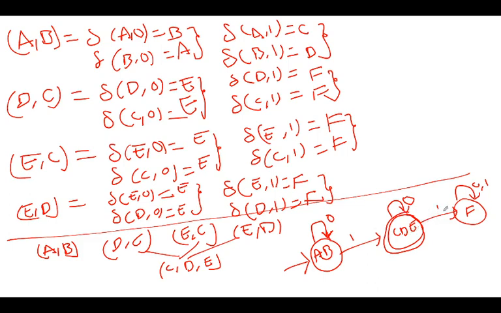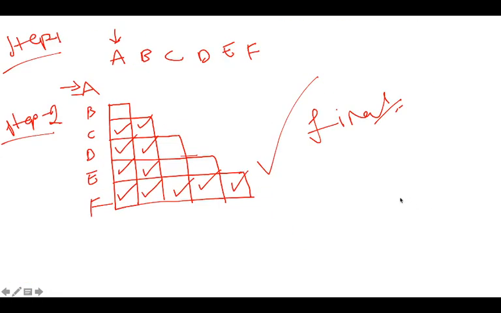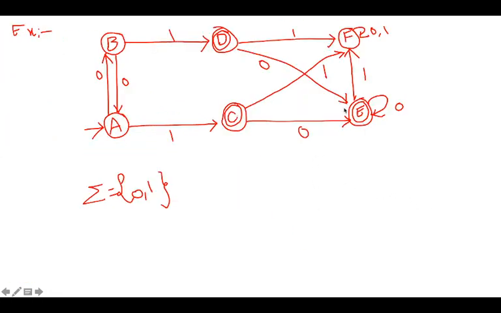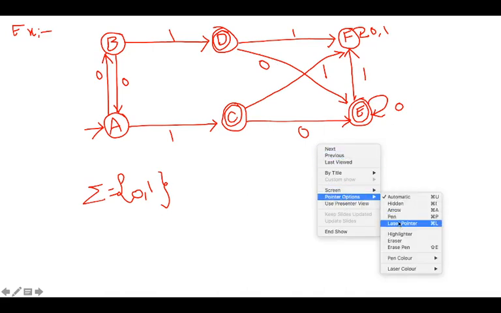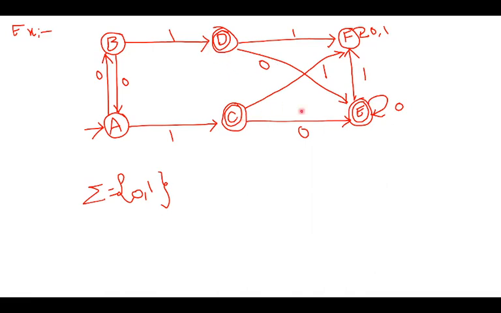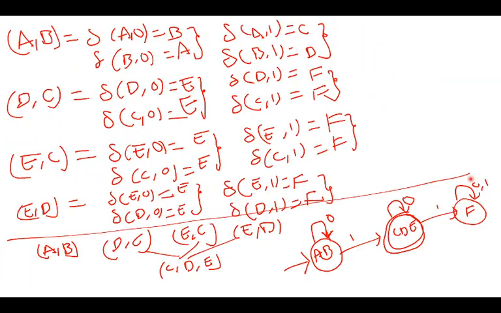C, D, E all taking input 1 commonly go to F only, and F taking input 0 comma 1 stays in F only. So we have to mention that part here. So it is the final minimization of the DFA using the tabular method.